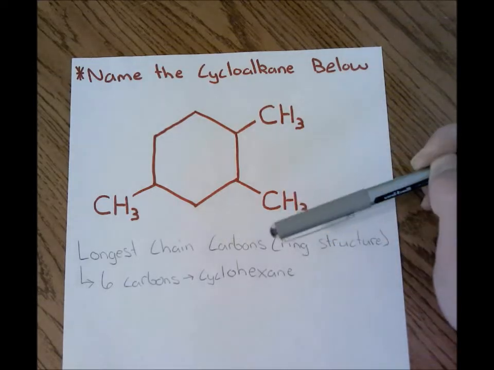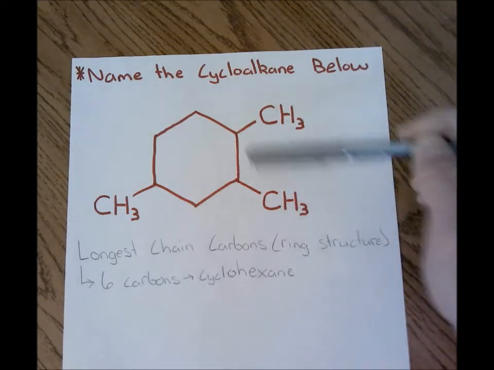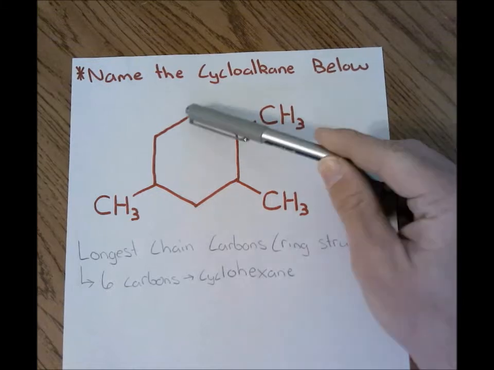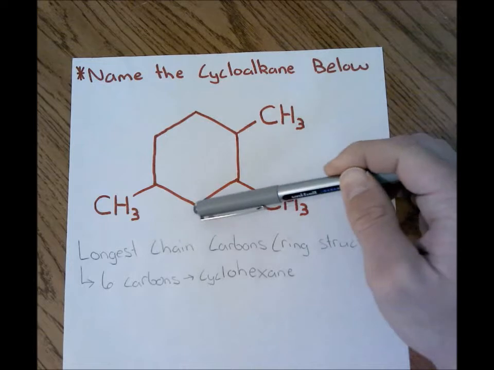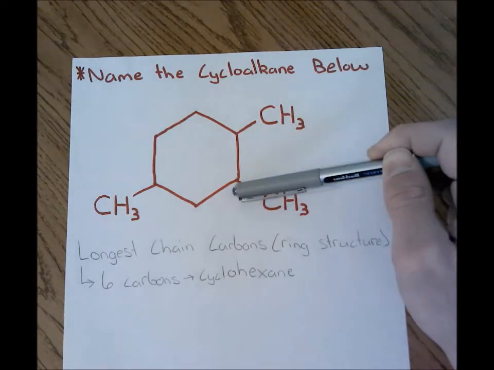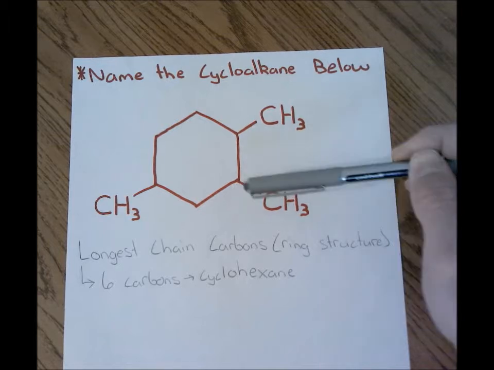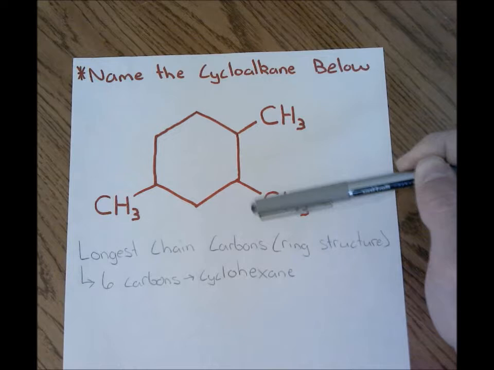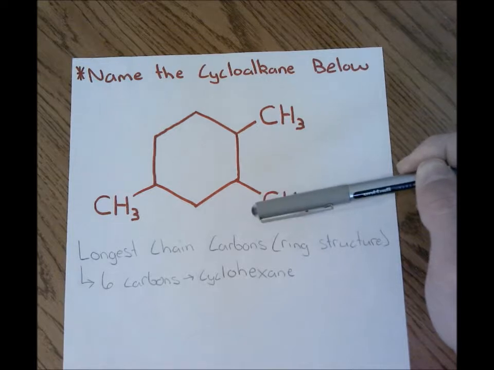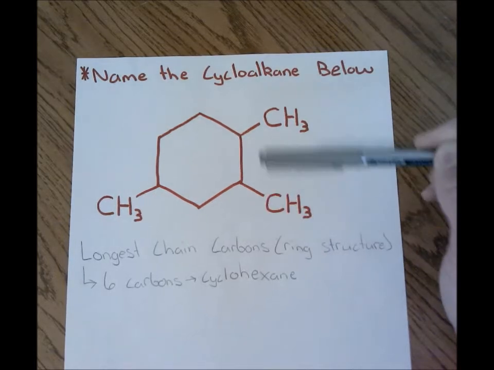So I can get carbons 1, 4, and 6. And ask yourself, is that lower than 1, 2, and 4? Well, the answer is no. So the first way I showed you to number it has to be correct, because each of the attached groups has to have the lowest possible numbers.